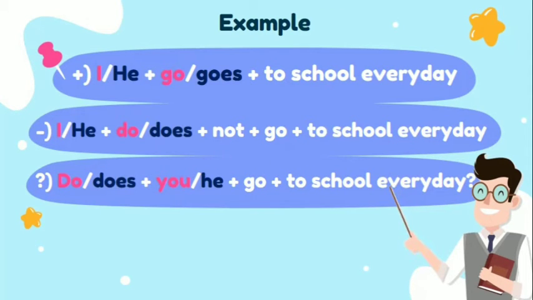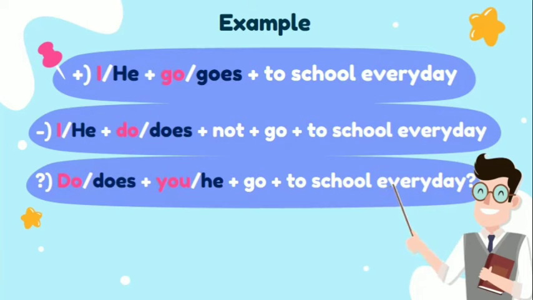Examples of sentences in simple present tense. In the positive form, I use two subjects for each example. For the first, the positive form: I go to school every day.